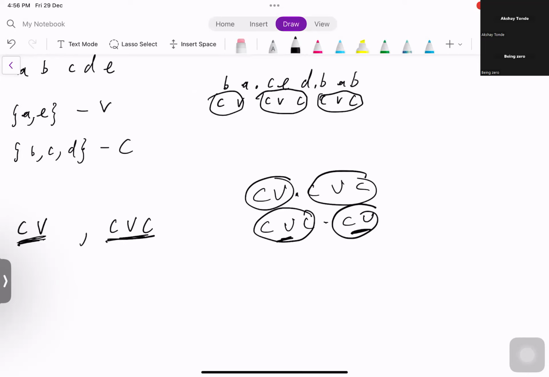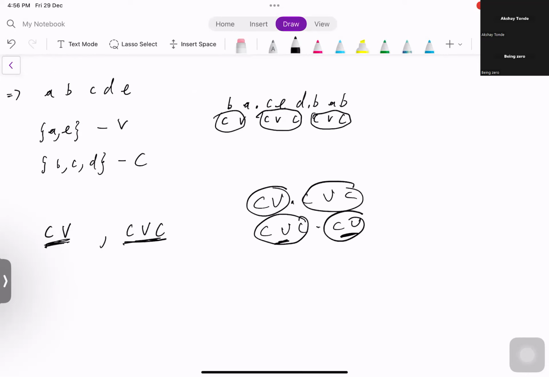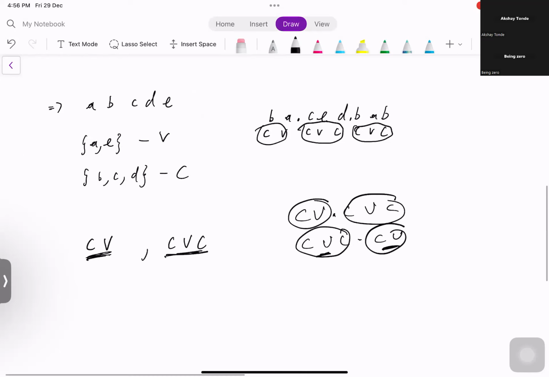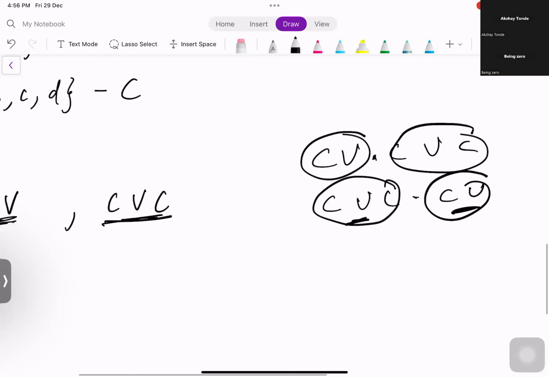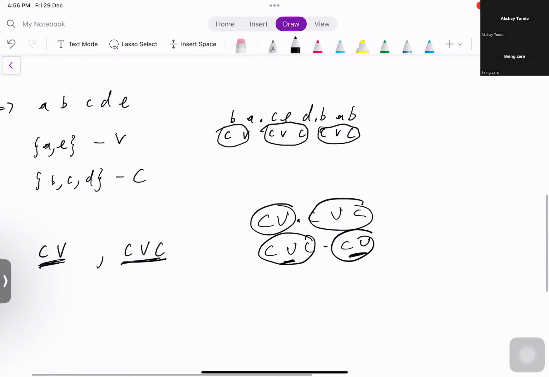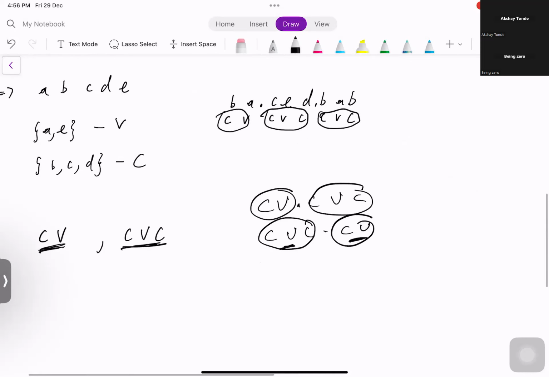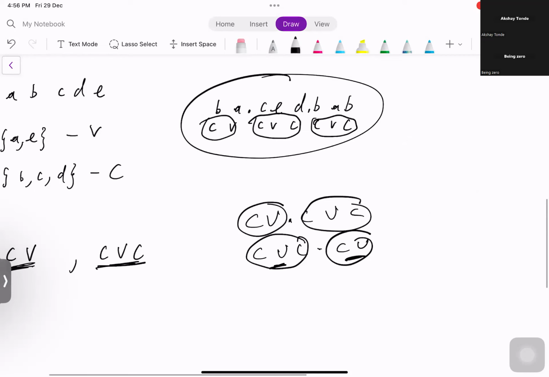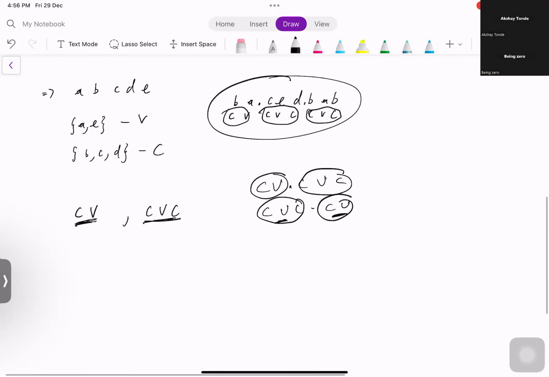From that, we get a cue that two C's cannot come together in one syllable, which means that at any point in the string, if there are two C's, we need to put a dot in between. If we consider this example, we will have BACEDBD. Here D is a consonant and B is also a consonant.